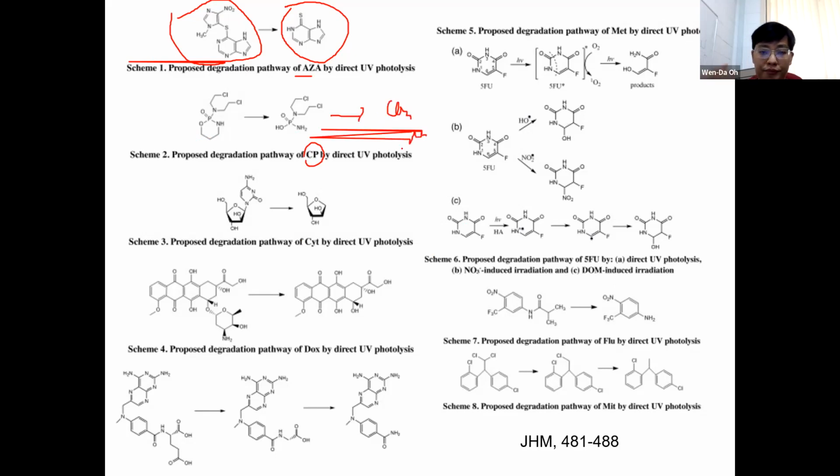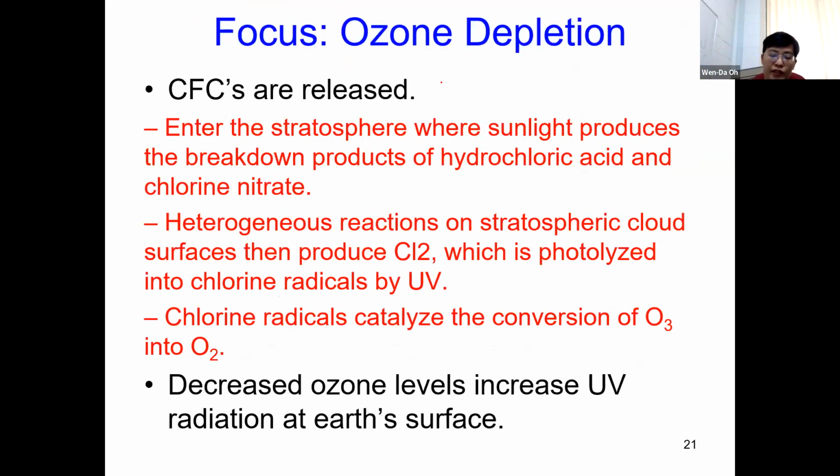Another disadvantage would be the energy requirement to break down. Aside from the disadvantages, the advantages are that it can work very efficiently and it's very simple. So a lot of people are using this technology to try to clean the Earth.